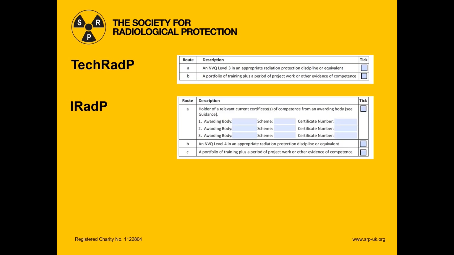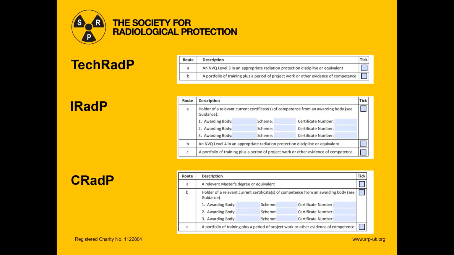For IRAD-P, there are 3 possible routes. If you select option A, you should give details of your certificate or certificates. And for CRAD-P, again there are 3 possible routes. This time, give details of certificates if you select option B.